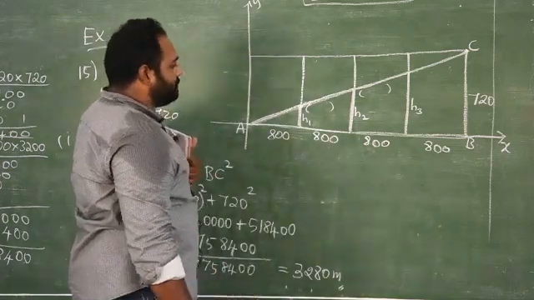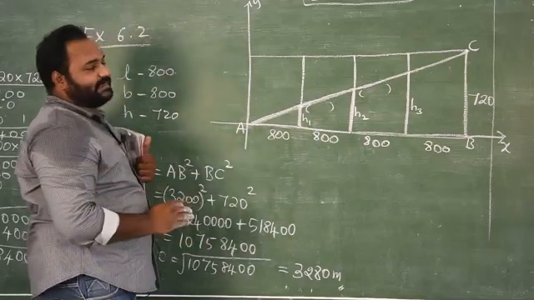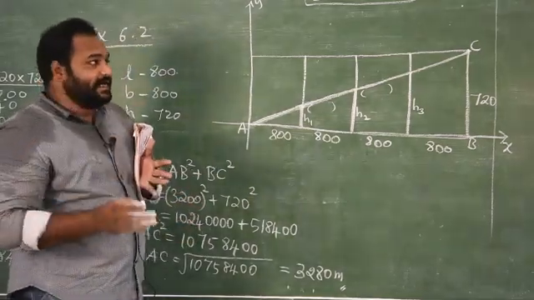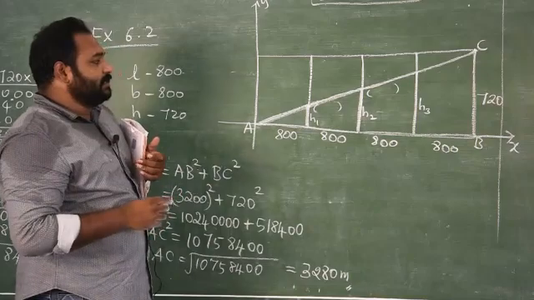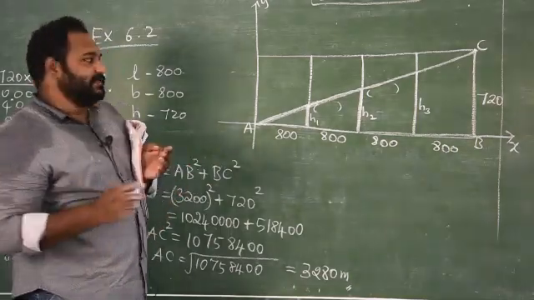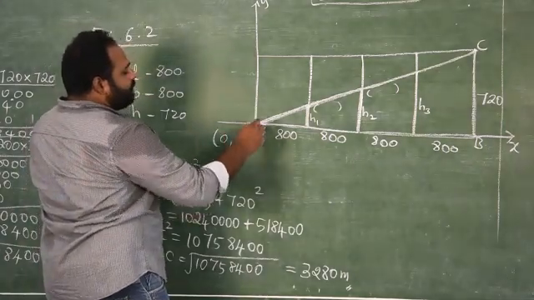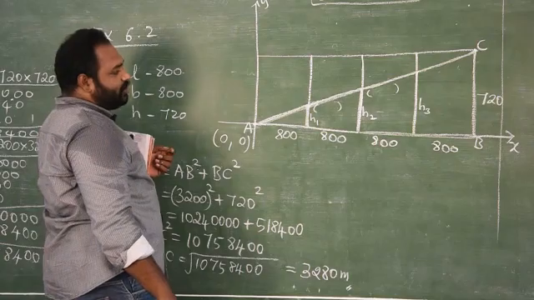So how can we find them, sir? Before finding the coordinates, first I need to bring the general equation of the line. If you want to bring the general equation, at least we need 2 points. By these conditions, we have 1 point, which is already known, 0, 0.